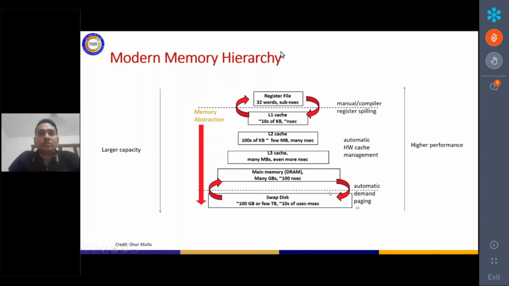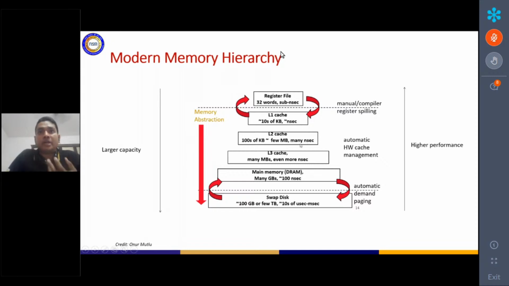So most of these concepts we will also see in the subsequent class on system software. But the most important thing to look at in this slide is the speed of memory accesses. Now, in the register files, the memory access speed is highest. Then you have L1 cache in the range of nanoseconds.